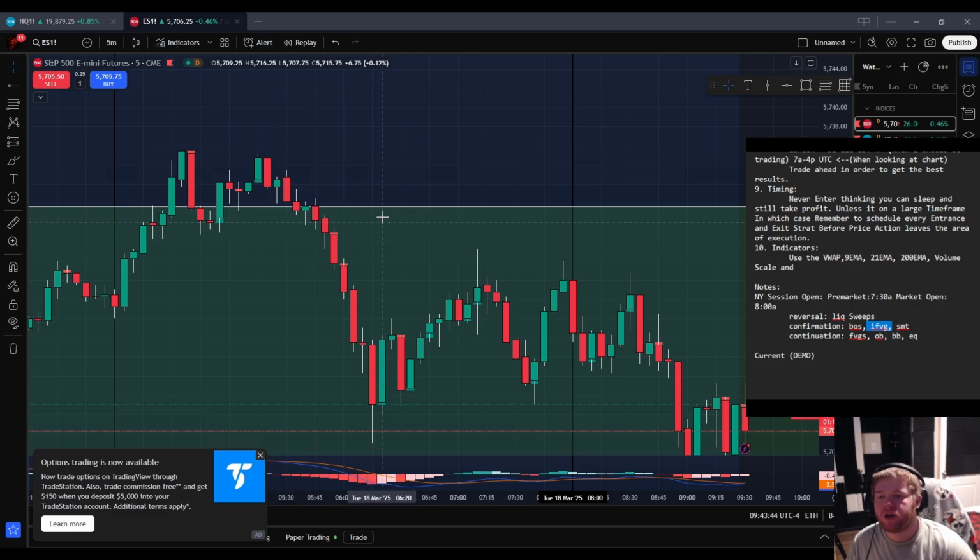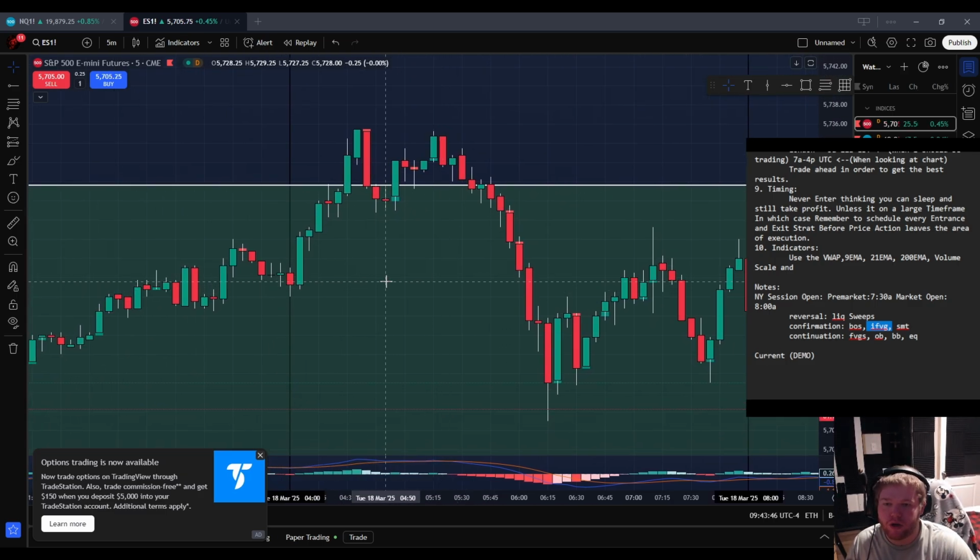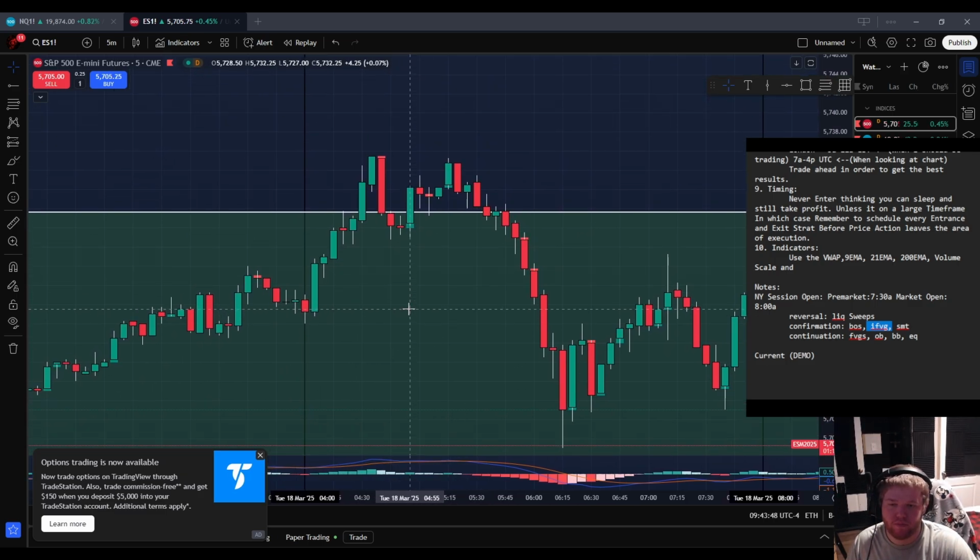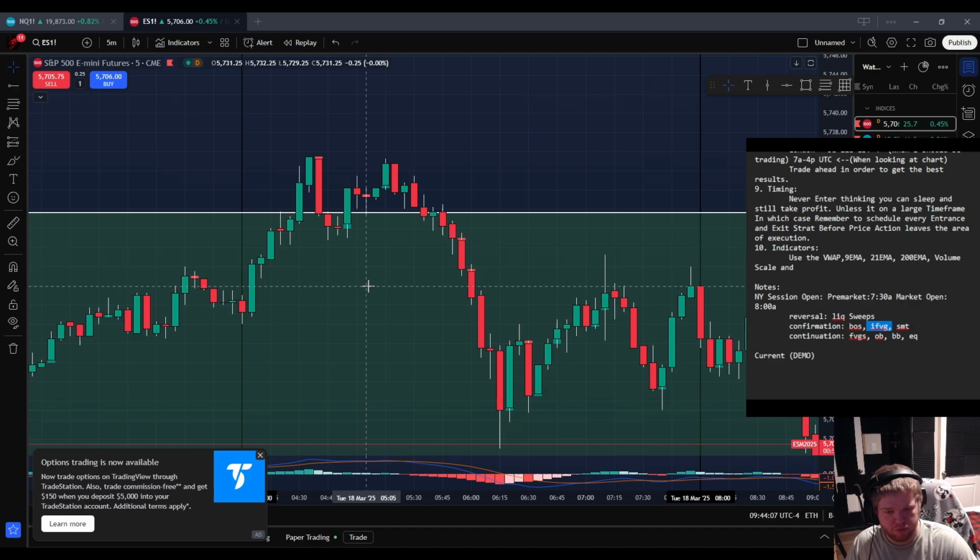So if the order block is a range, what we're looking for specifically is for price not to have a wick go above the order block. That is a valid order block. If price, for whatever reason, has a wick that goes way above said order block, it is no longer valid.